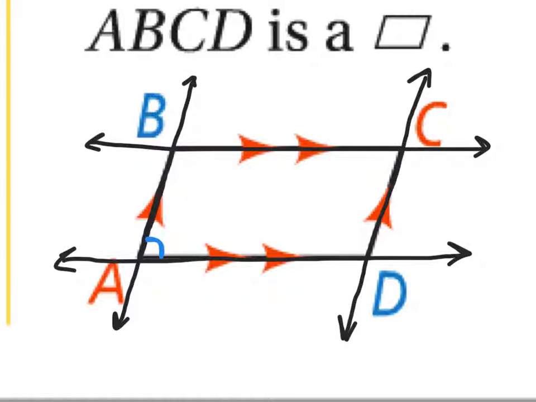So, we learned way back when that same side interior angles are supplementary. So that means this is some other angle measure, but I know that those two angles add up to 180. Right? Okay. We also learned then that we have something called corresponding angles. Corresponding angles were congruent, such as this angle up here and that first angle I marked. Those two angles are corresponding angles, and they have to be congruent.